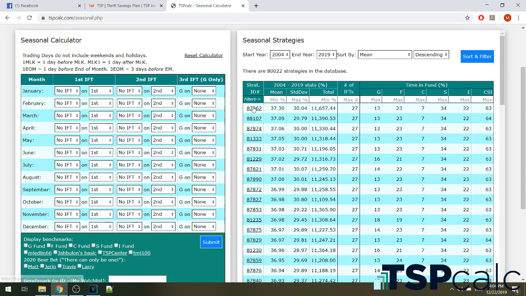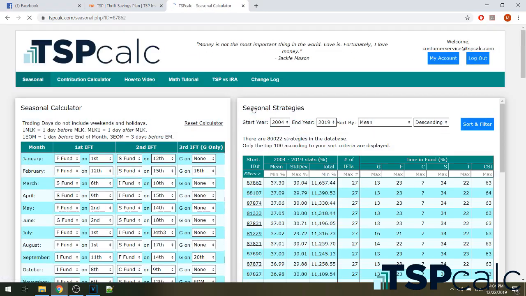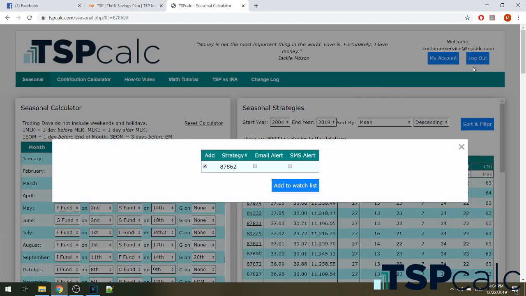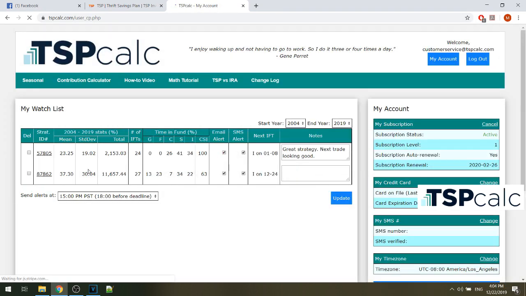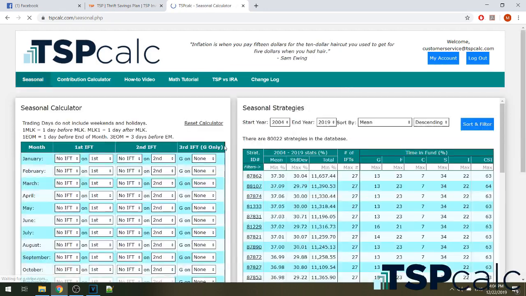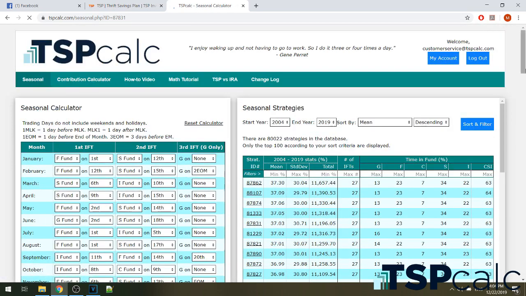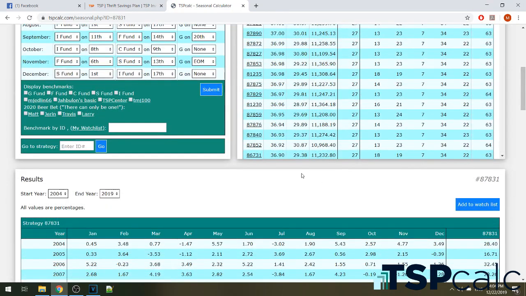Okay, so I could click on this strategy and it'll load it up into the calculator. And if I scroll down, there it is. All right, so let's say I like this one too. I'm going to add that to watch list. Now I have two strategies on my watch list. Say I'm playing around, I want to see this strategy and I want to compare what's already on my watch list to this one.